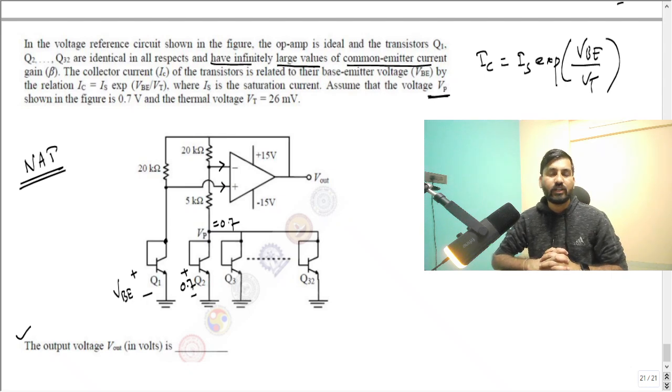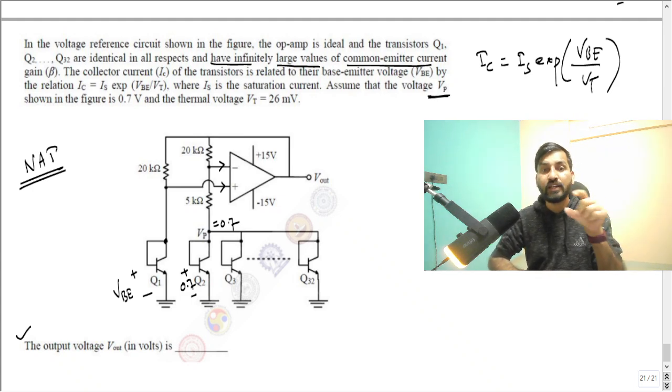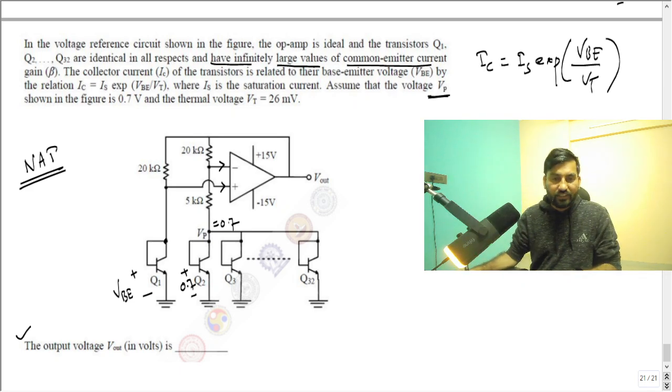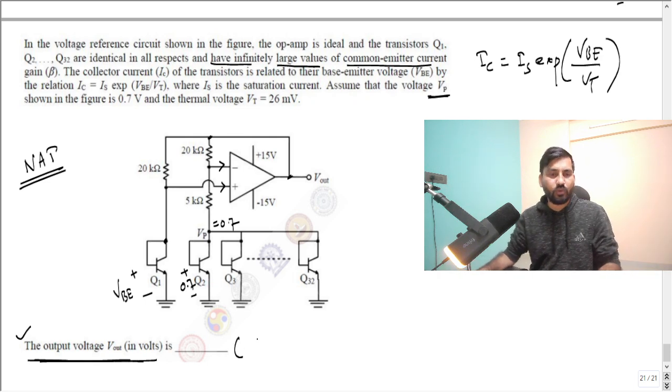Now the question is, how can we evaluate this VBE? First of all, the very first step is to evaluate this VBE. VP is given as 0.7, that's fine. So let us evaluate this. Keep in mind V out: they are asking to find the output voltage V out here. They did not mention up to what decimals, so you can consider up to 1 decimal place.